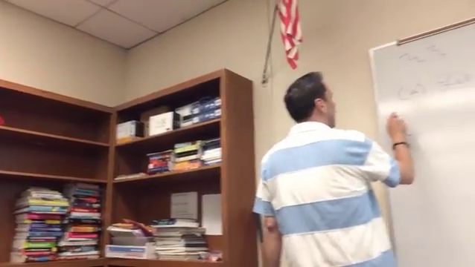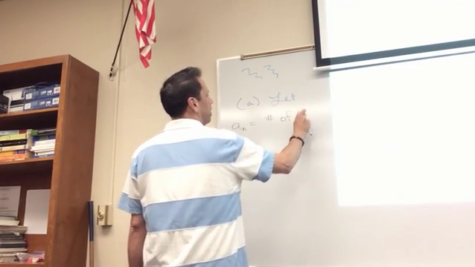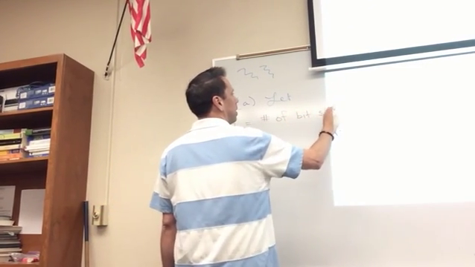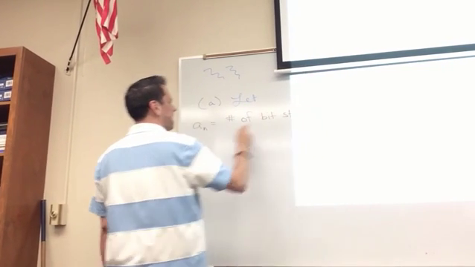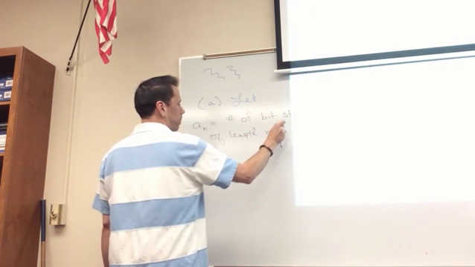Okay, let A sub n equal the number of bit strings of length n that contain 3 consecutive zeros.